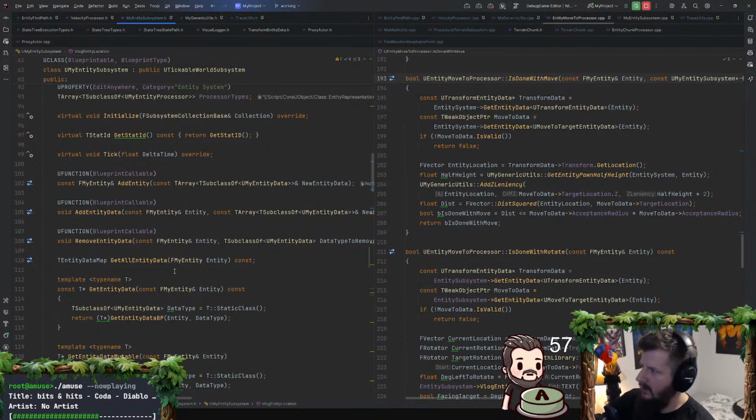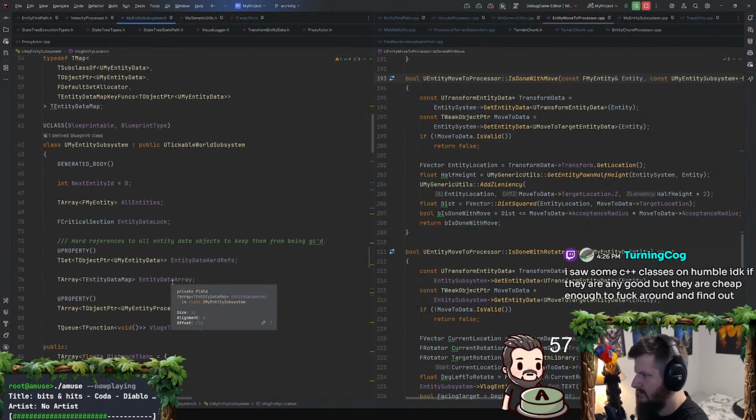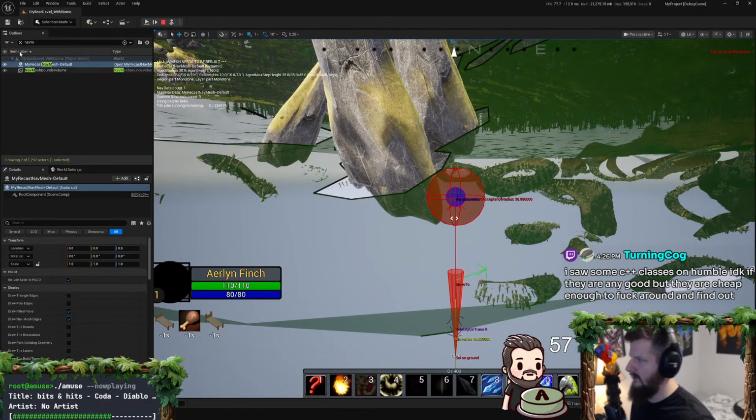But how do you get a running subsystem? They don't show up in the editor. I would like them to. Is there a way I can make subsystems show up in the editor window?